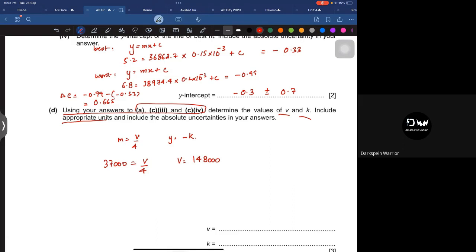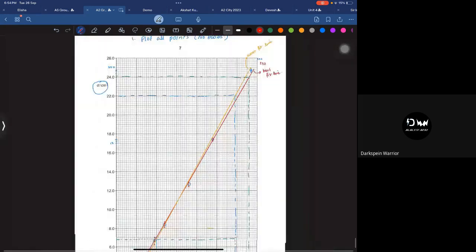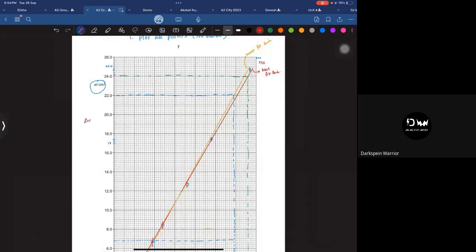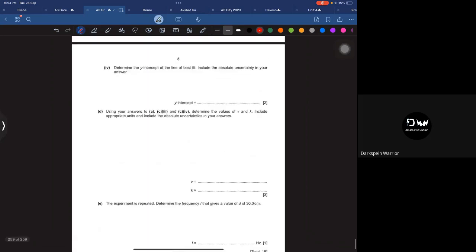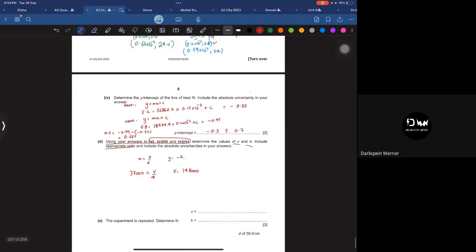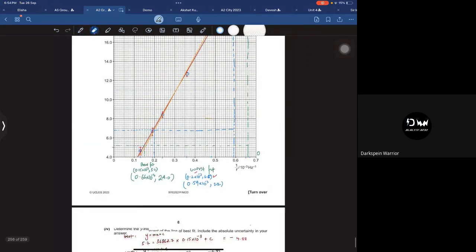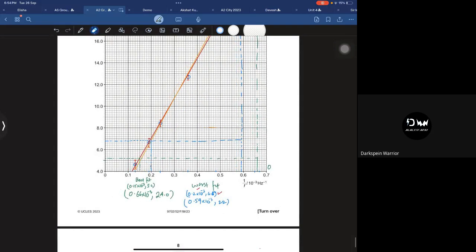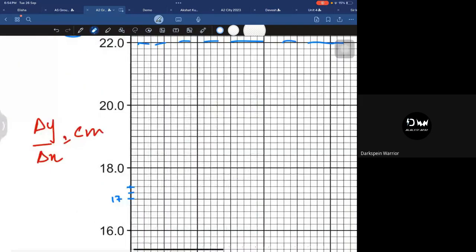Now we need to check what the units of gradient are. The gradient was taken by doing change in y over change in x. On the x-axis we had centimeters. On the y-axis we had hertz, so it becomes centimeter hertz.